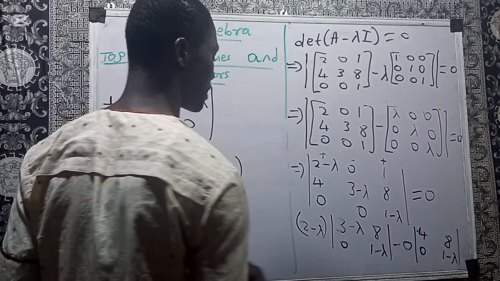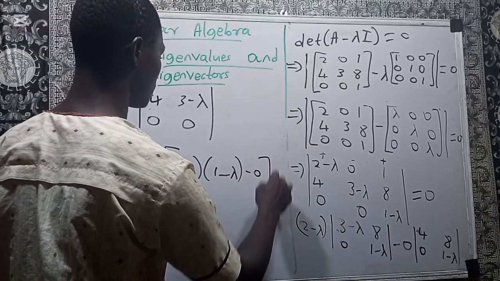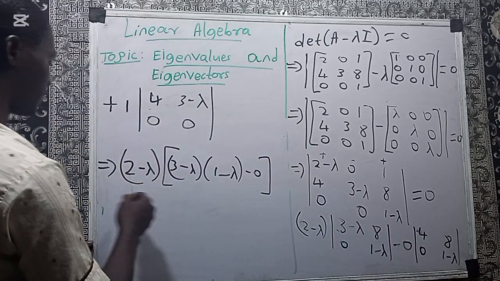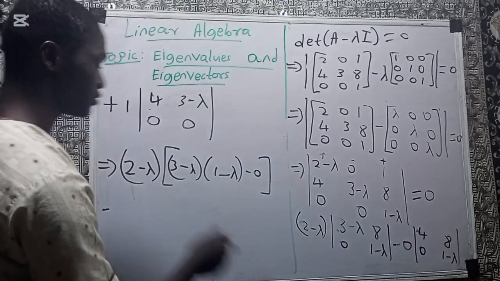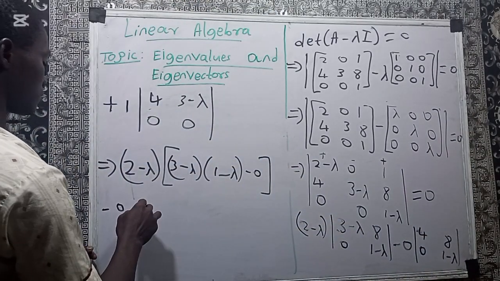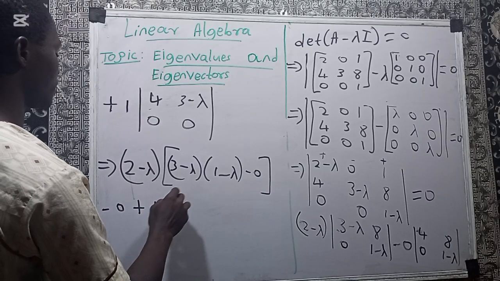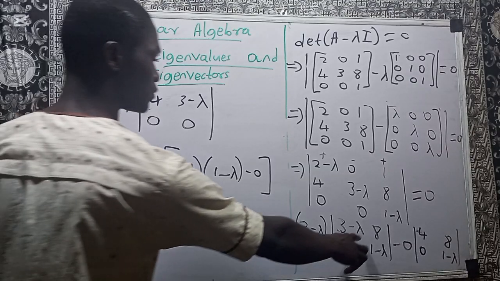That's 0 multiplied by 8, which is 0. Now for this one, we have minus 0, since 0 multiplied by anything is 0, plus 1 multiplying. Let's do the same thing as we did in this one.